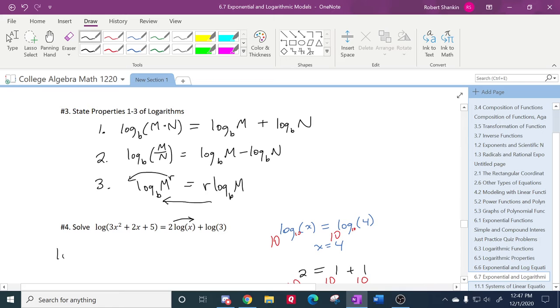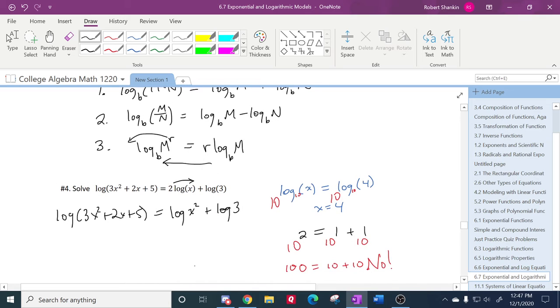So this is log of this is equal to log of x squared plus log of 3. So that was property 3. I'm just going to put a little 3 above this equal sign to show that how I went from here to here was I used property 3.